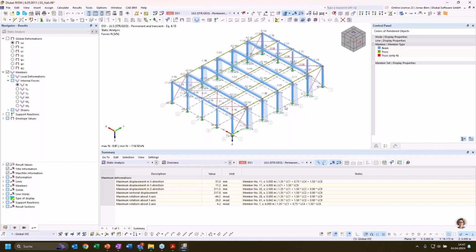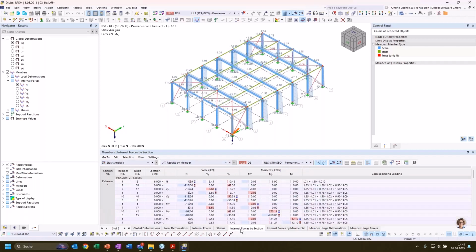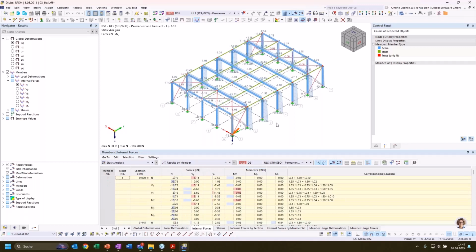the combinations that give the highest compressive load in the columns, and I can find those if I go to the static analysis results for this design situation, go to results by members, internal forces, and then let's stick to this middle column here.